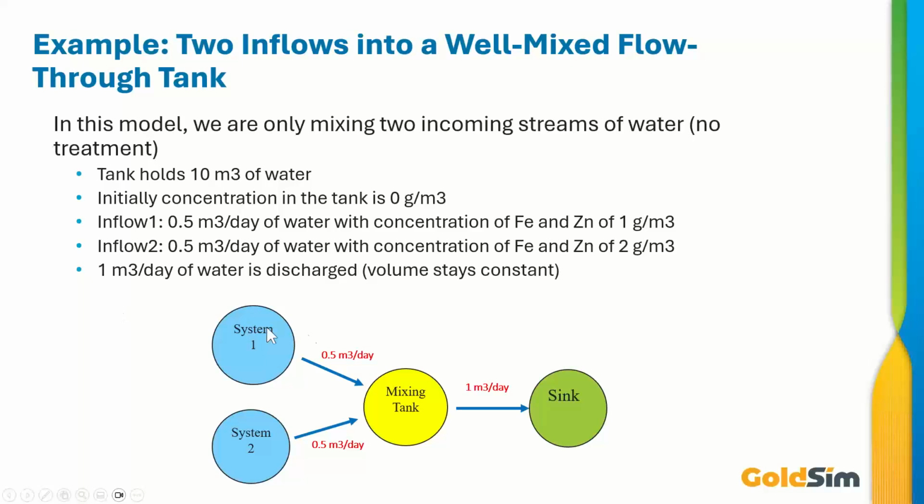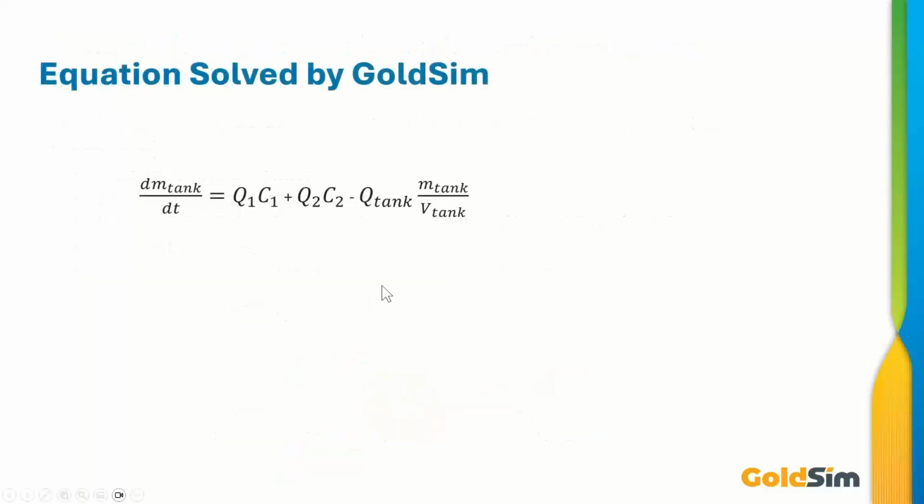So now we're going to talk about how we can do treatment in that tank. But before I do that, I just want to quickly show you the actual equation GoldSim is solving there.